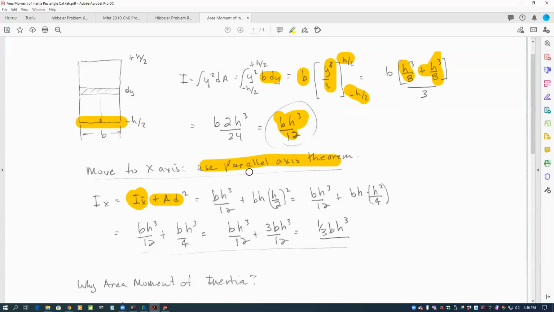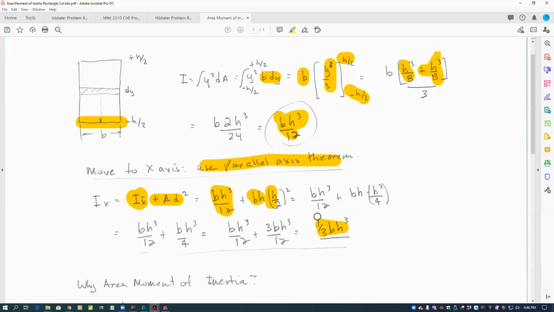Our area is base times the height. The distance we're moving is 1/2 of h, and we square that. So simplifying this becomes 1/3 bh cubed.